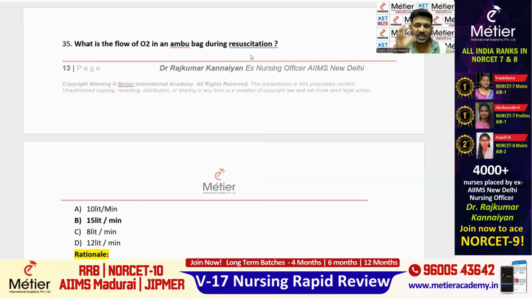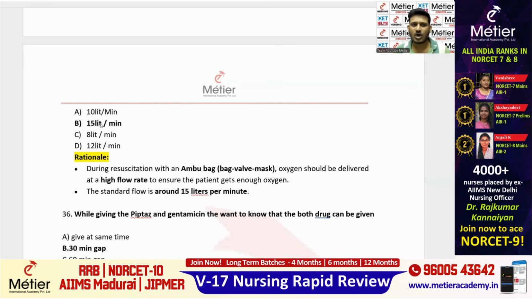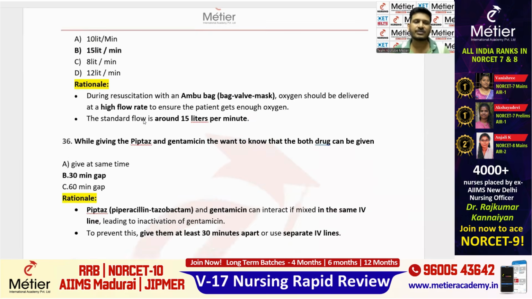Per minute, how many liters of air or oxygen will be delivered to the patient? This is the standard question, and here the right answer is option B. If you are giving oxygen with an ambu bag, 15 liters per minute of oxygen is going to be delivered to the patient.